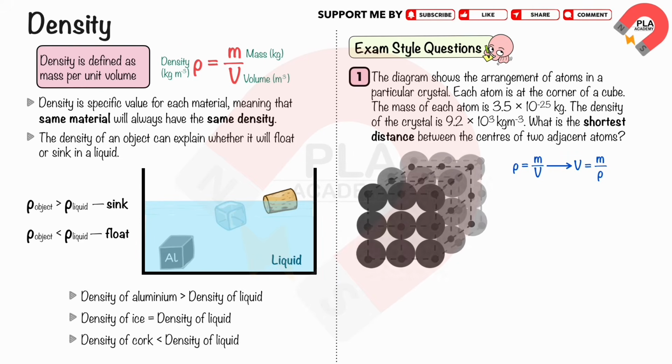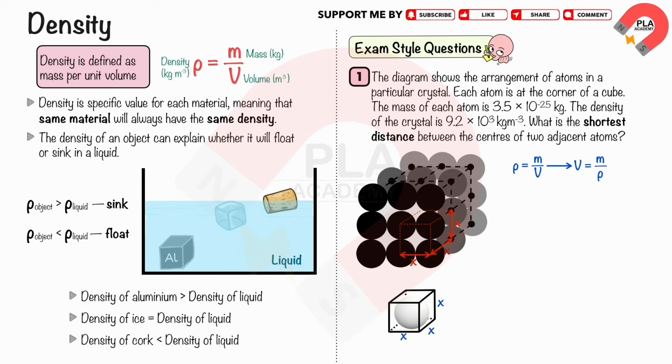The shortest distance happens when each atom touches each other, as shown. The shortest distance between the centers of two adjacent atoms is x. We imagine the atom is in the cube with sides x, as shown. So, the volume of the cube is x cubed. Therefore, x cubed equals m over ρ, and x equals the cube root of m over ρ.